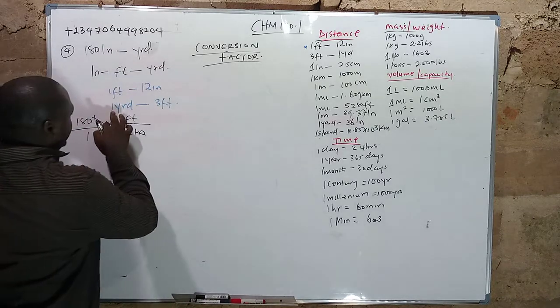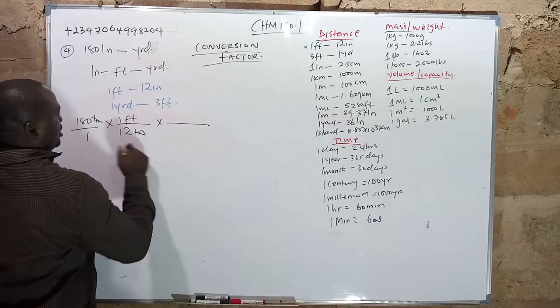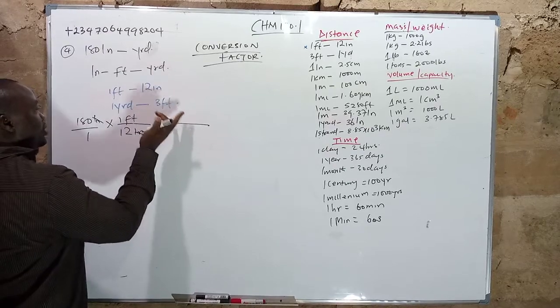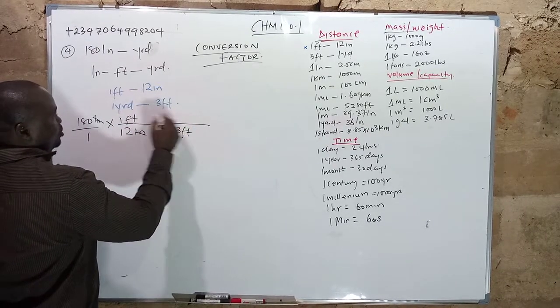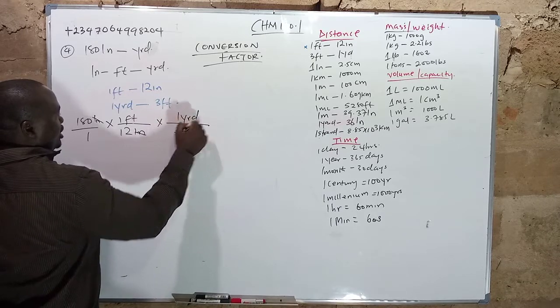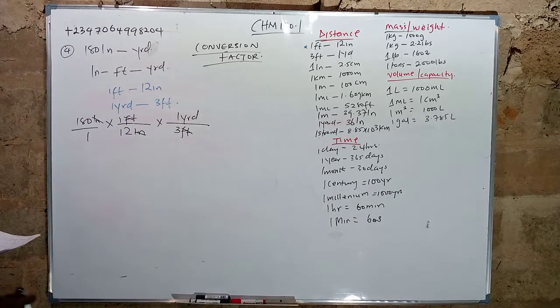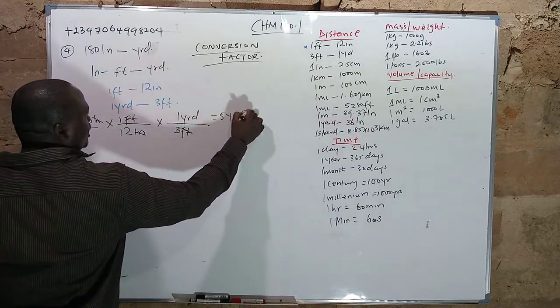So what is the conversion factor? 1 yard is equivalent to 3 foot. Where would the foot be? Is it at the numerator or at the denominator? You can see the foot has to be here so that it will cancel out too. Then you have 1 yard here. So this will cancel out this. If you punch it in your calculator immediately, your answer is going to be 5 yards.